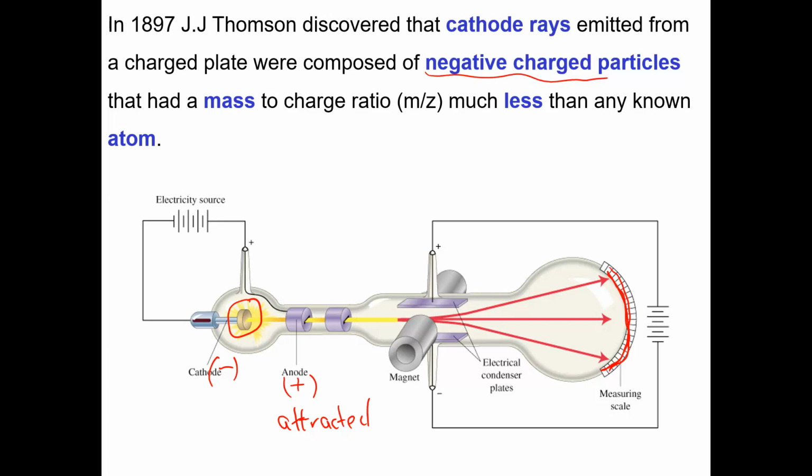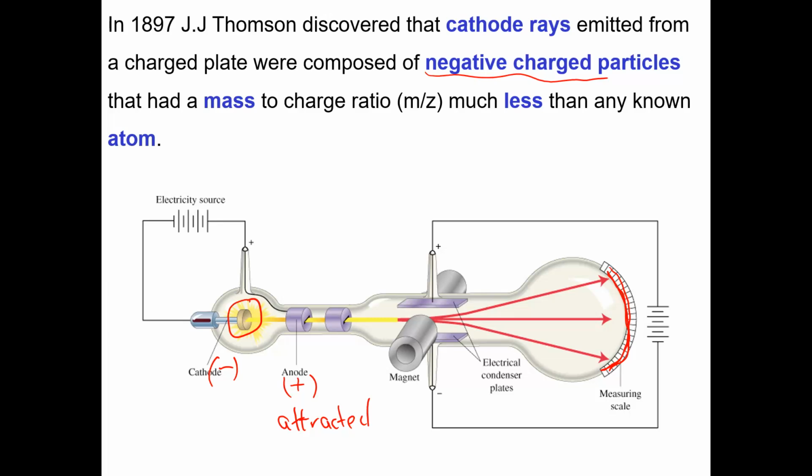Now, Thomson was really clever. People knew about these rays, but they hadn't done much work in understanding what they were. What Thomson did was make these rays move around using magnets and a second set of charged plates. He could attract them towards a positive plate or repel them from a negative plate, and he could vary the voltage and make them move around as much as he wanted.